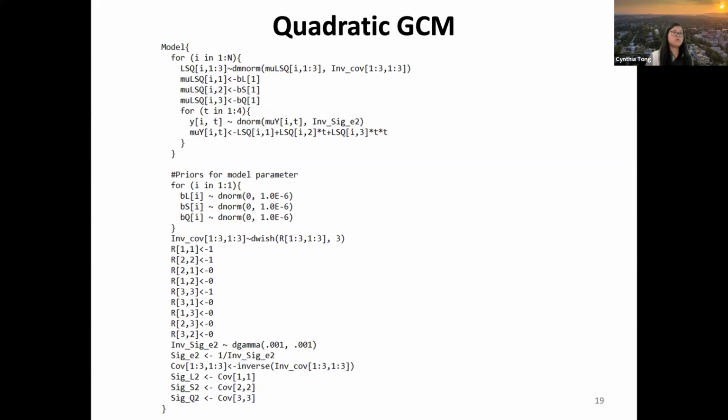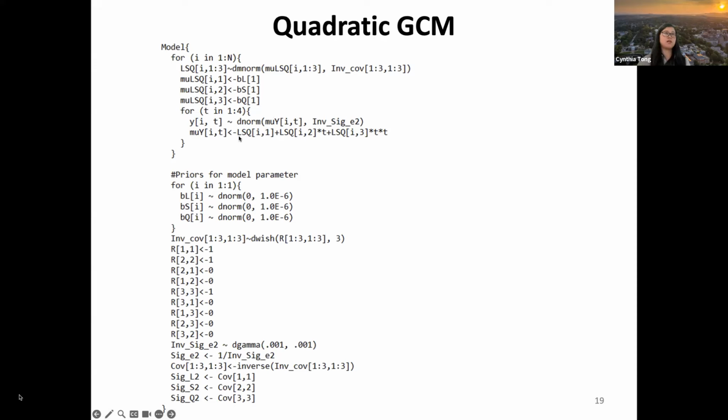And for the quadratic growth curve model, it's just similar. Here, for the subject i from 1 to n and the time points from 1 to 4, the Y_it still follows this kind of distribution, but because it's a quadratic growth curve, the mean of Y is actually a quadratic form of time.